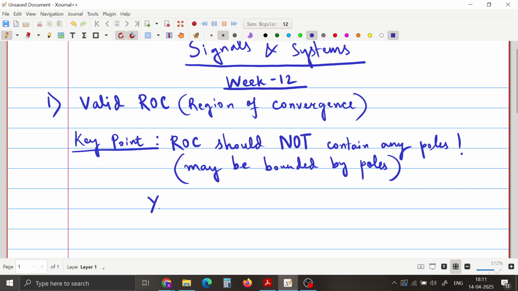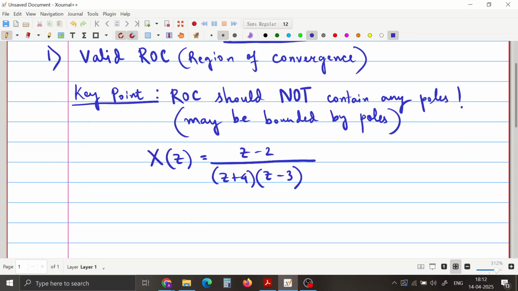In our question, the given Z transform X of z is z minus 2 divided by z plus 4 into z minus 3. This is the form.